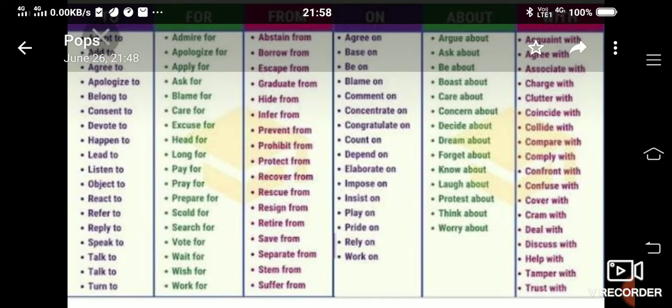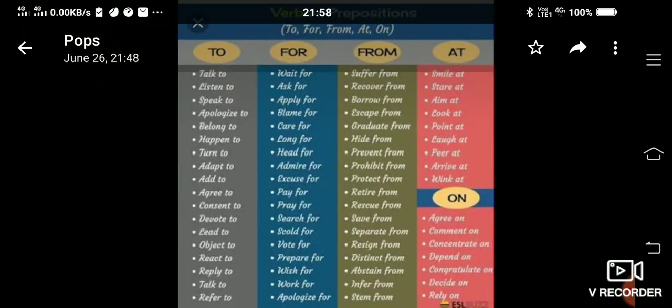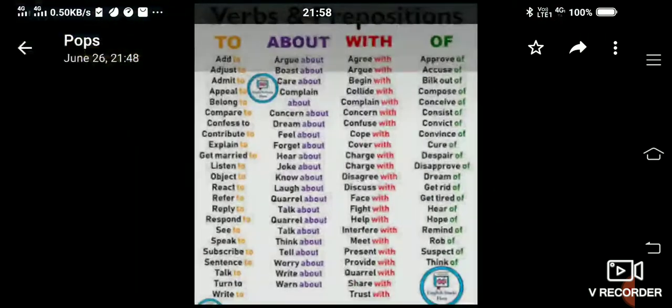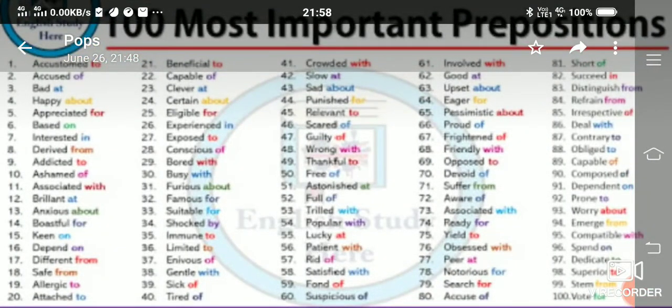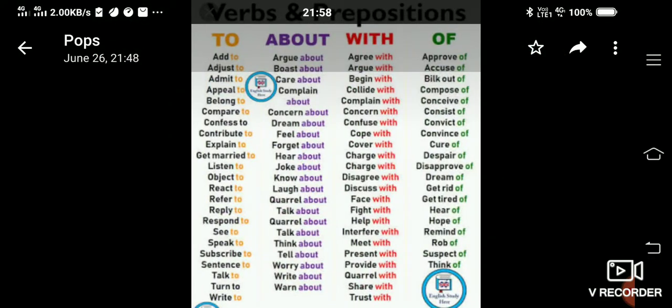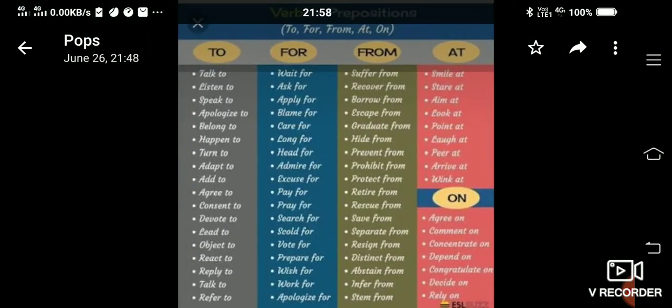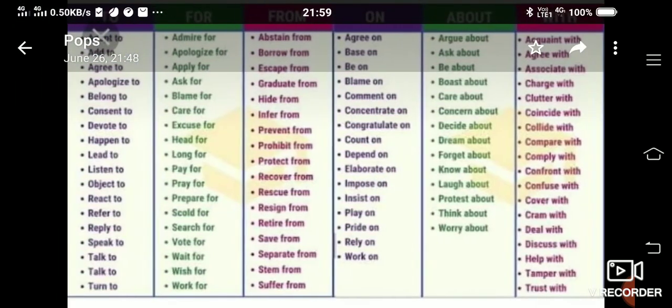The first rule is that to make sentences clear, specific prepositions are needed. So to make the sentences clear, we require specific prepositions. For example, the preposition in means only one thing, and the preposition on cannot substitute for it in all cases.